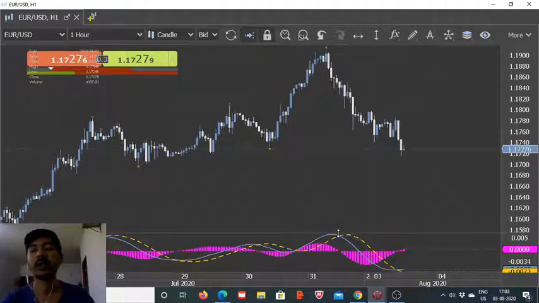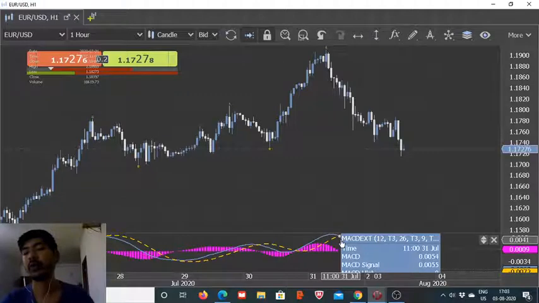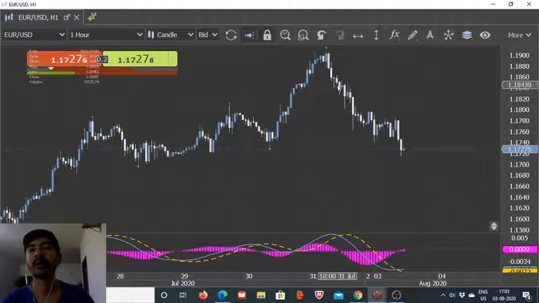And as you can see, the crossover happens somewhere close to 11 or 12 GMT of 31st July, and that time is somewhere here. And if we go for a sell trade, we might end up in loss, sorry, profit most probably.